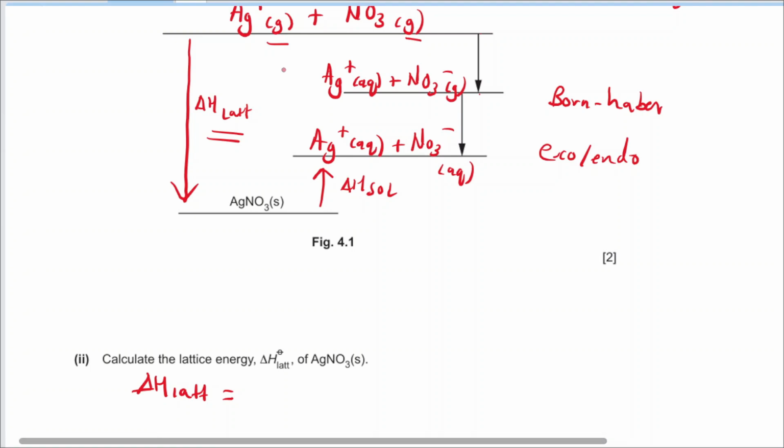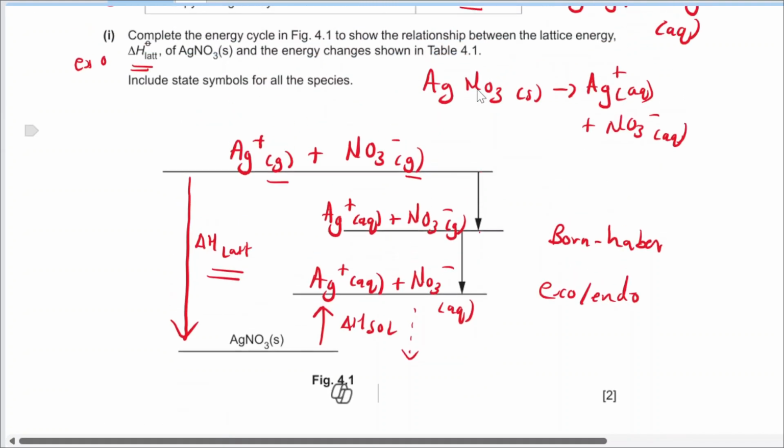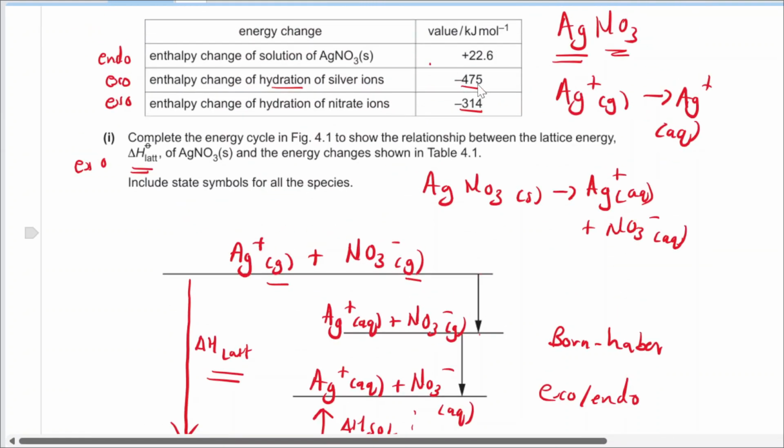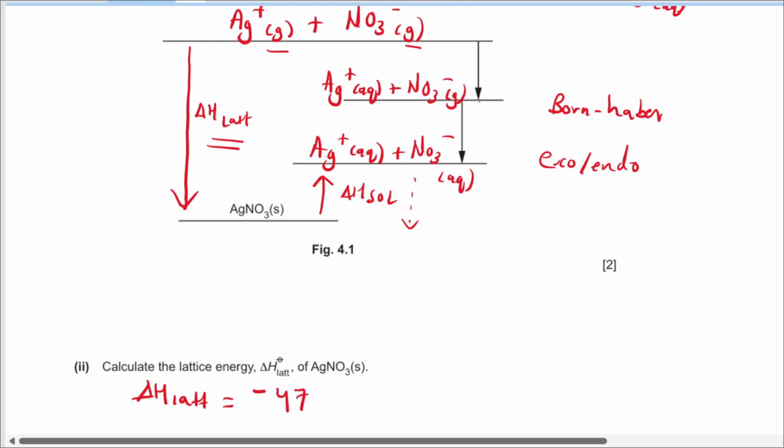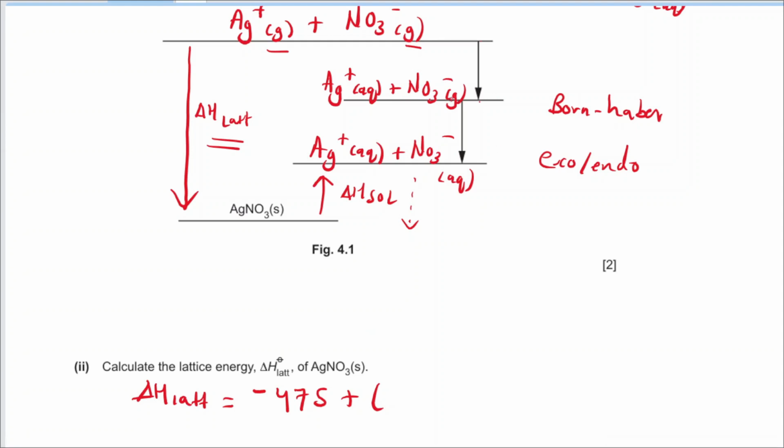minus. Now you see, this arrow was going up, right? But we want to go here. This is where we want to go. So we will take the negative of this value so that we can go down. The first value will be the hydration of Ag+, which is negative 475. So you write negative 475 here, and then plus the next one, the hydration of NO3- gas to NO3- aqueous, which was negative 314.